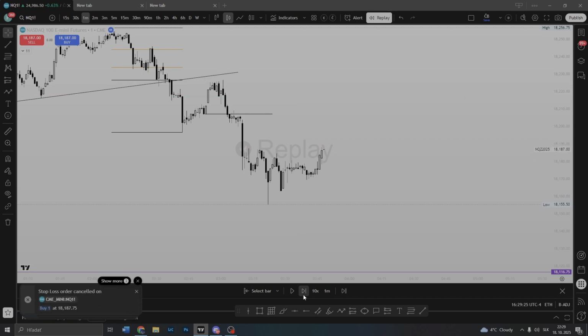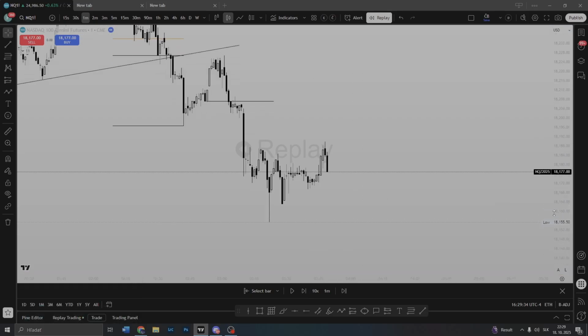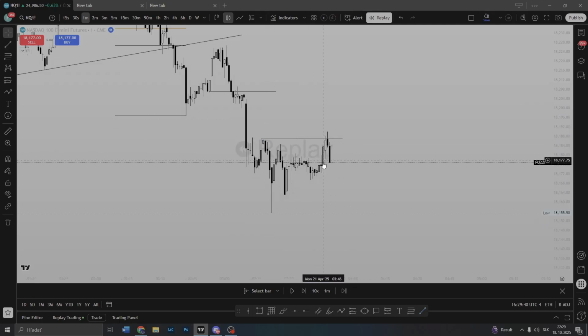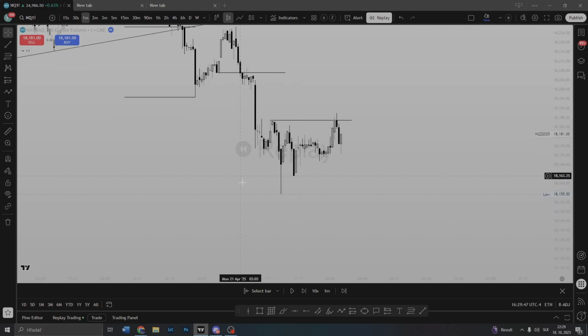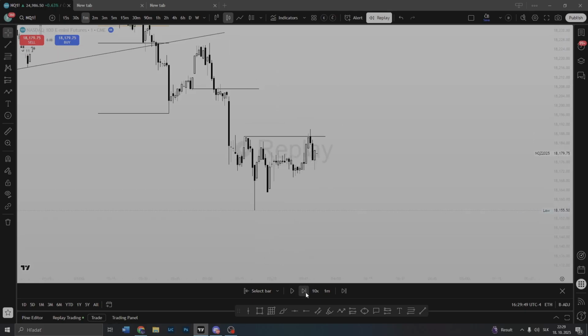Okay, we are stopped. Alright, so we took these internals, we souped it, we are not able to close strongly above it. So what I just said, we'll take the internal highs and then we'll go for lows again.